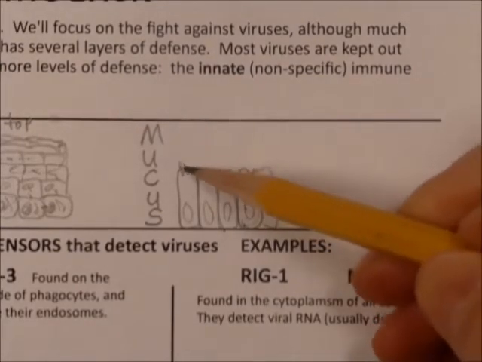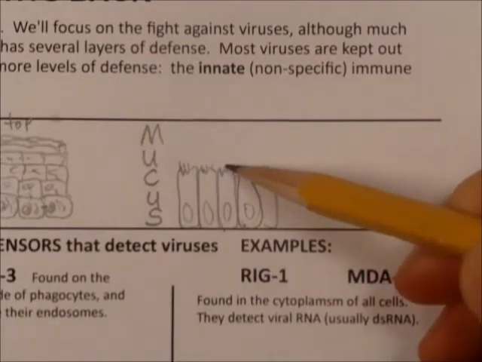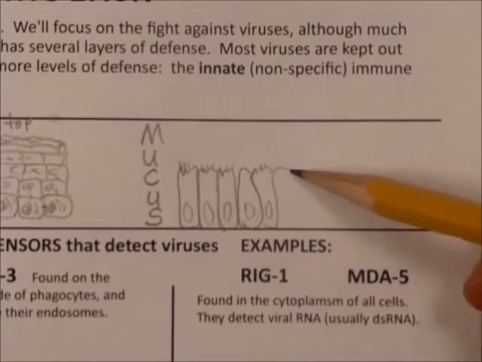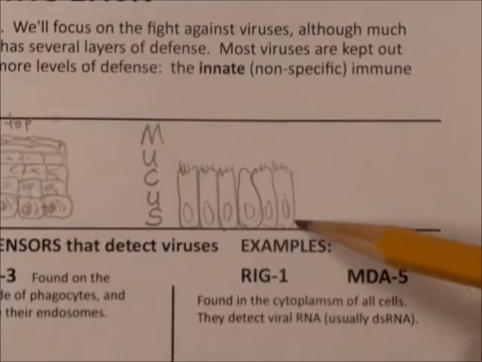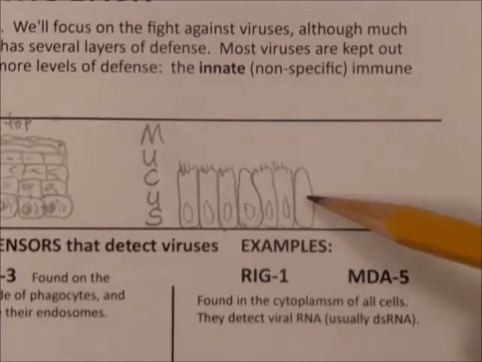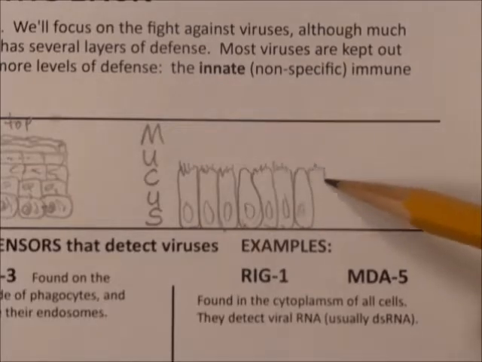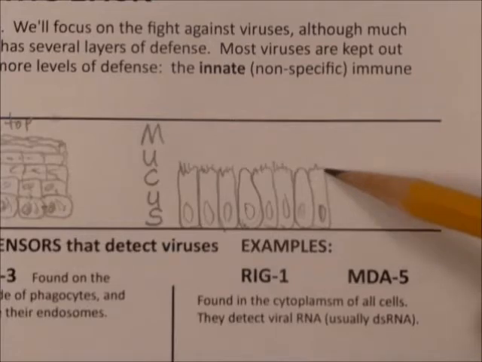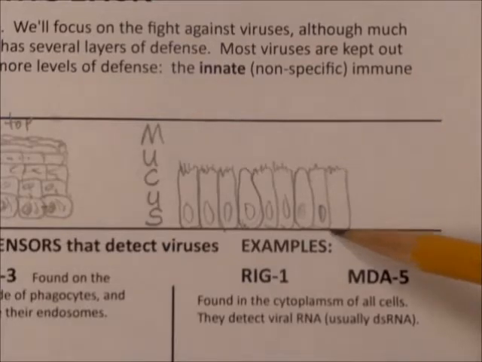The regular cells tend to have these little things on the end like that. Okay, and there's another one. And then we'll do another specialized cell. The point of this drawing isn't to find out what all these cells do. We're just going to say that they are antimicrobial germ-fighting cells.